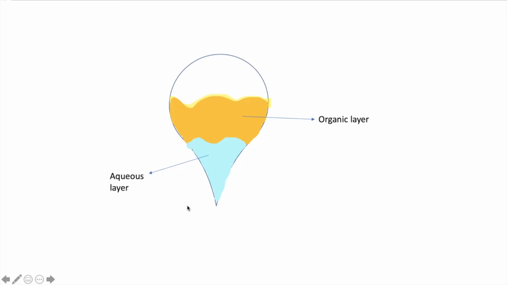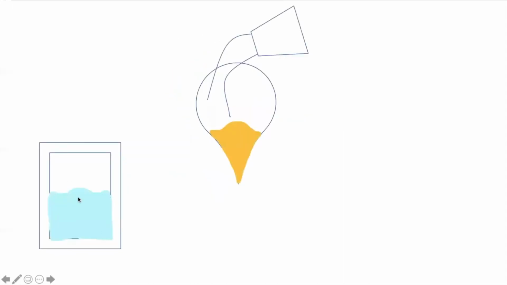So through the process of extraction, because they're separate, we first extract our aqueous layer in a beaker or a container, and so we have our organic layer and our aqueous layer separate through the process of extraction, and we keep our organic layer in the separatory funnel for the process of washing.